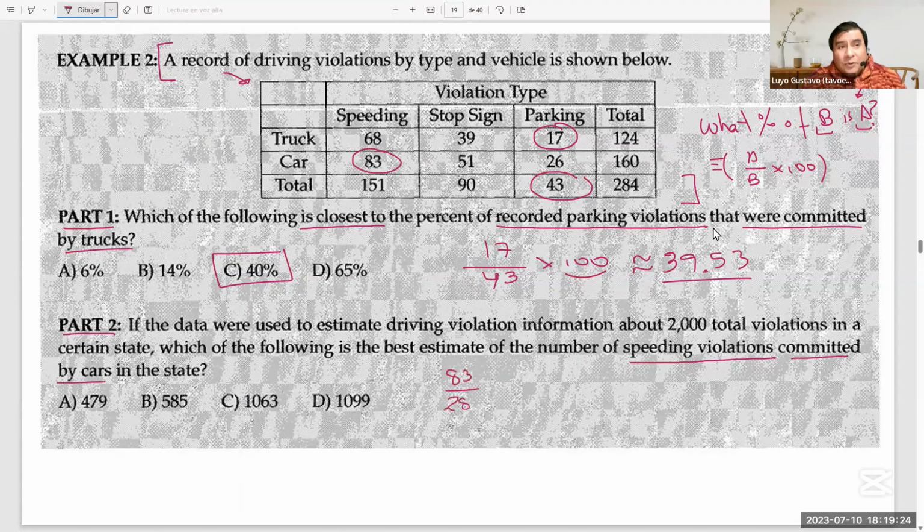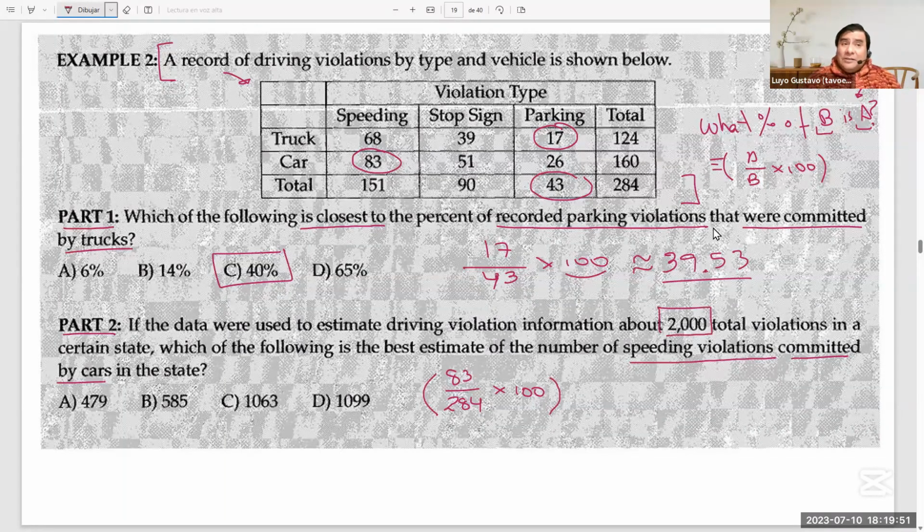This one would be our A over B, right? And multiply by 100, that is a percent. If now this is the estimated percent of speeding violations by cars regarding the total number of violations, then we can multiply this percent by the total number of violations in the state.